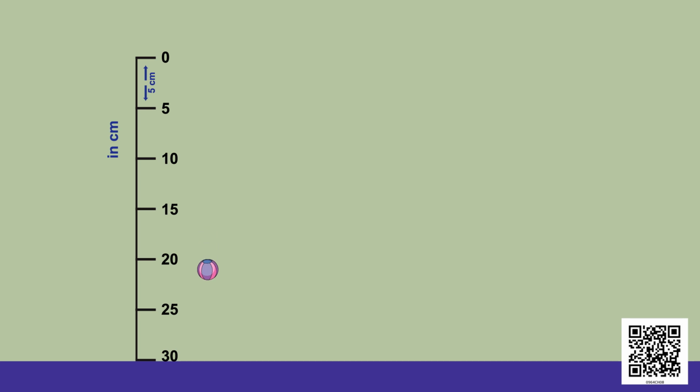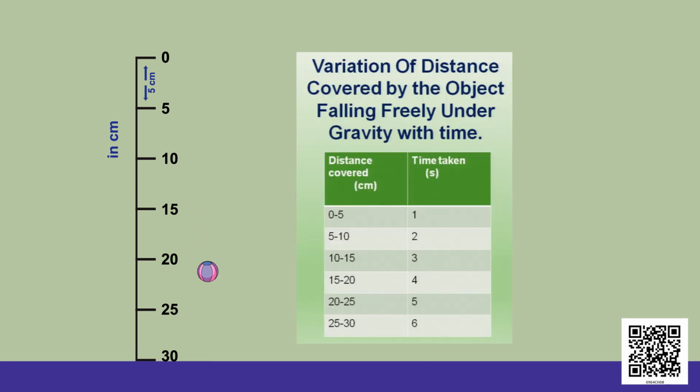You know, gravity is pulling the object downward. Now you see the data sheet of this activity, which shows the variation of distance covered by that object falling freely under the action of gravity against time.